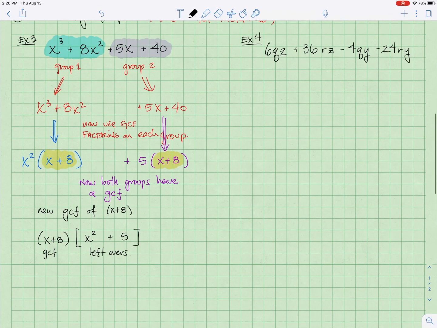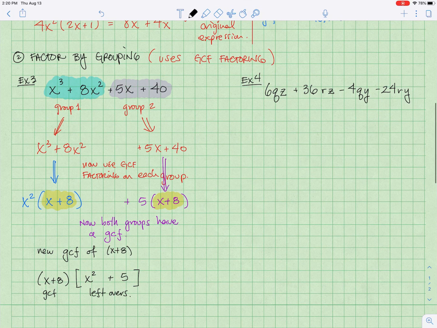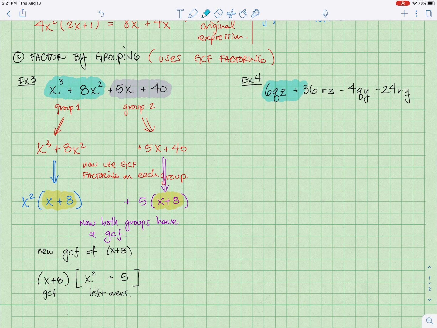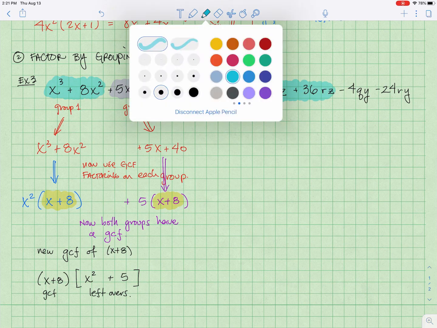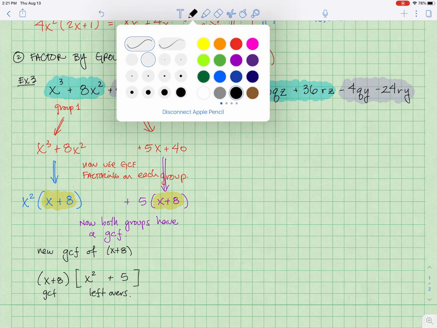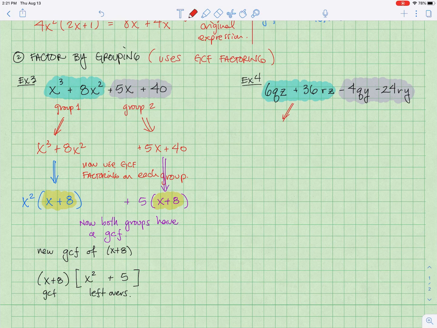Let's try it again in this next scenario. Again, we're going to pair these up. There's our first grouping. Here's our second grouping. Note the negative sign there and watch how this is dealt with. In group 1, the GCF: 6 and 36 both have a 6 in common, and QZ and RZ have a Z in common.